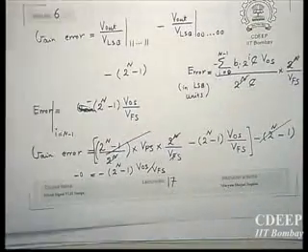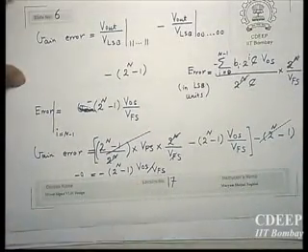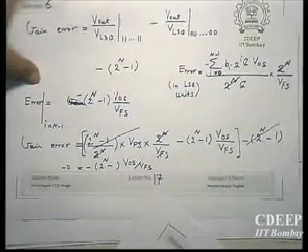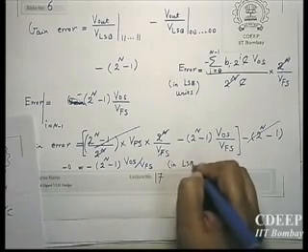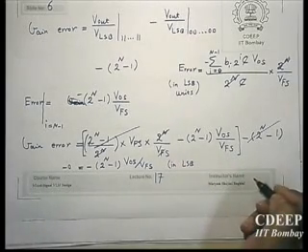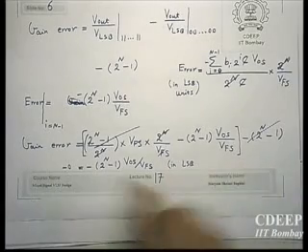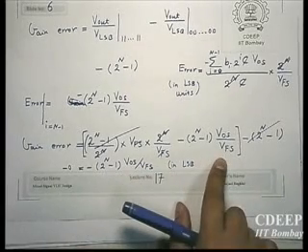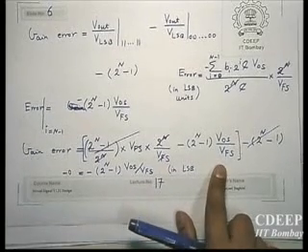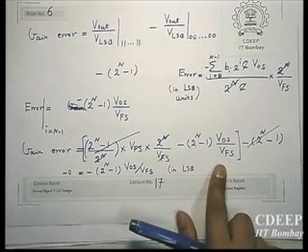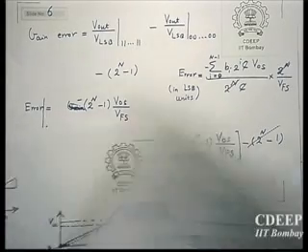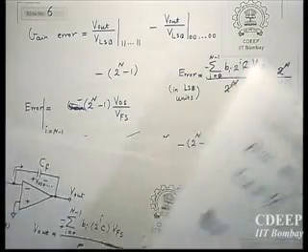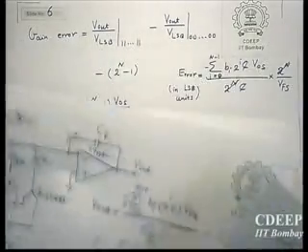This gain error was correct? V offset upon V full scale. This is in LSB units, right? No, here I have not multiplied, because offset error was, it's here.